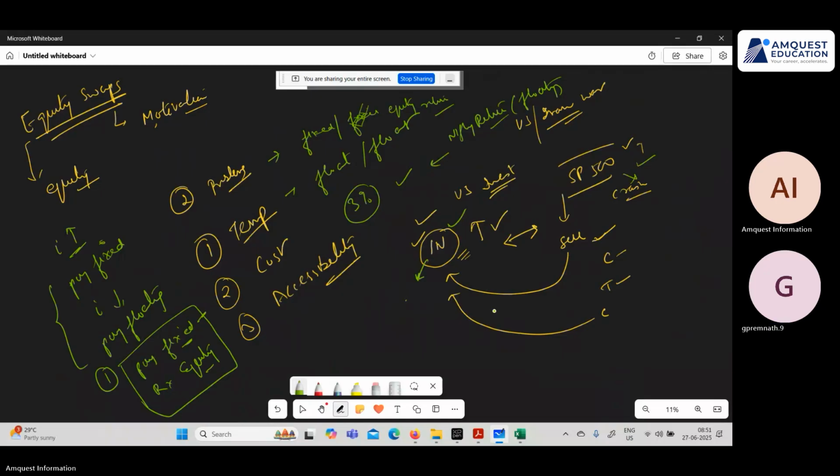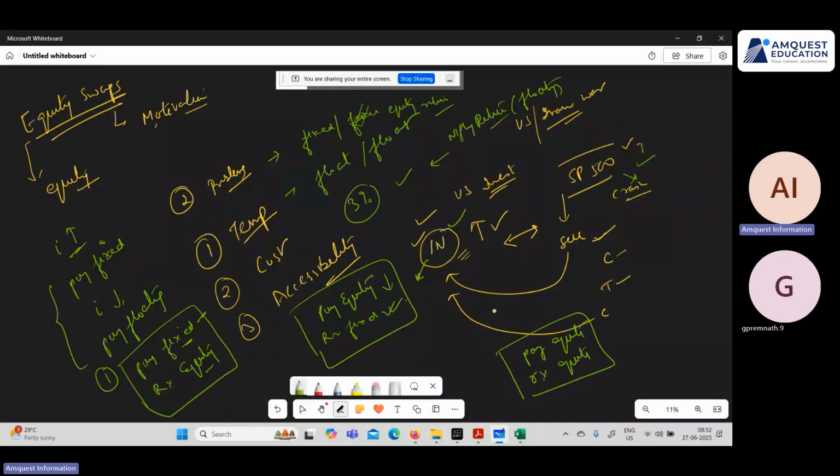You want to pay equity and you want to receive fixed when you think that the equity returns will be too low. In that case, you want to receive fixed. And the third scenario could be that you want to pay equity and receive equity, where you think that your market will not perform well while the other market is performing well. Okay with all three cases?